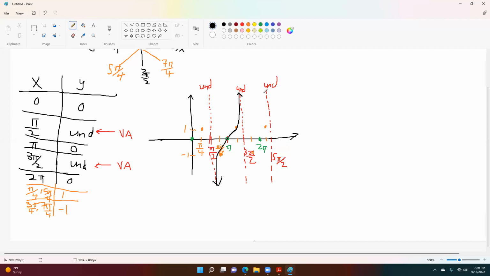So the graph for this tangent is actually the same on this period. And if I go on to the negative side, so this will be -pi over 2. And again, at -pi over 2, this will be undefined. And then right in the middle, this will be at the -1. So this graph will keep on doing the same cycle.